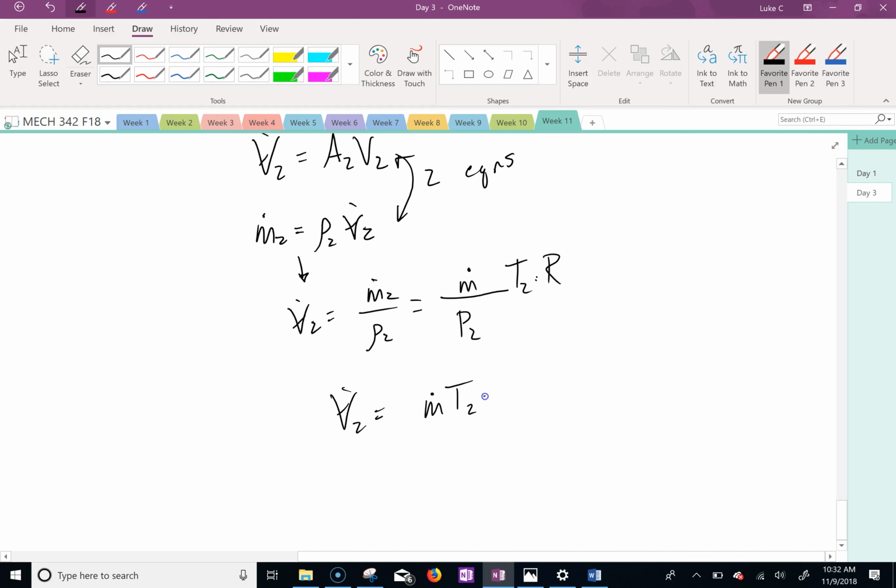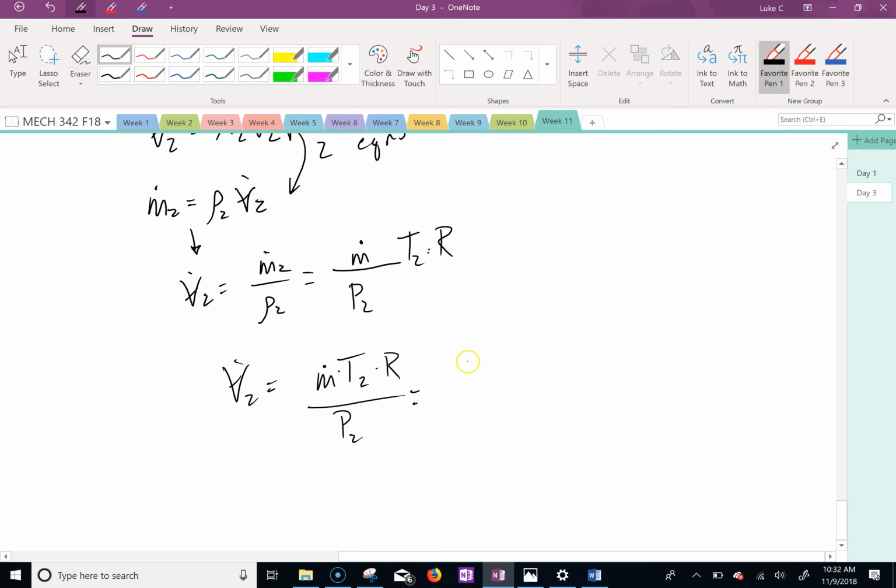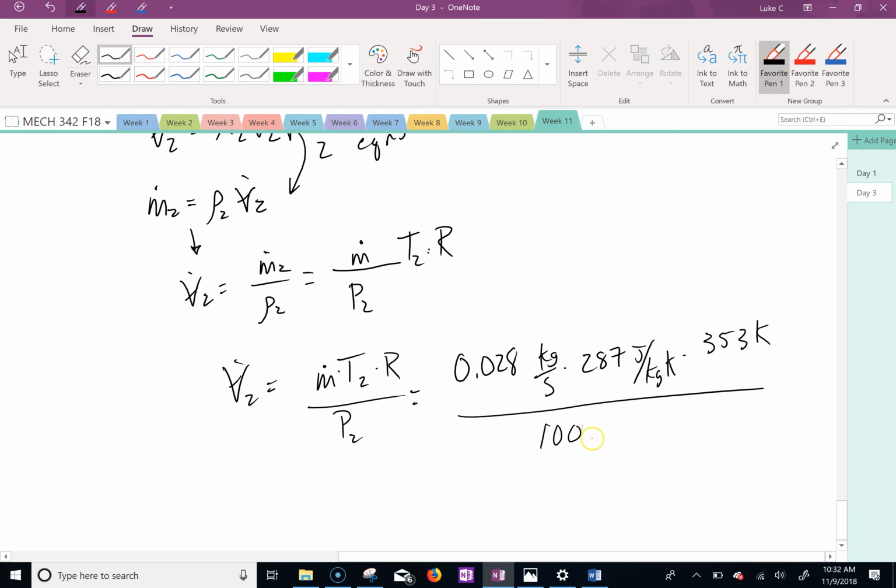So V dot equals m dot R T2 over P2: 0.028 kilograms per second, times 287 joules per kilogram K, times 353 K over 100,000 pascals.